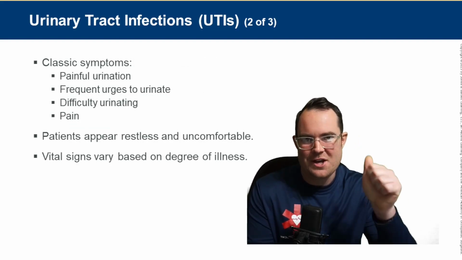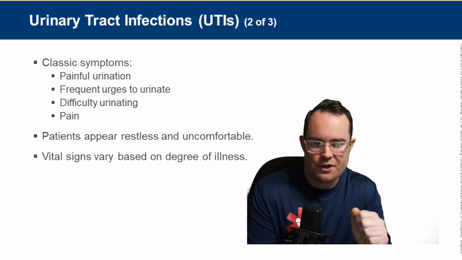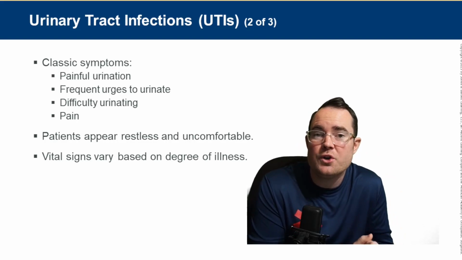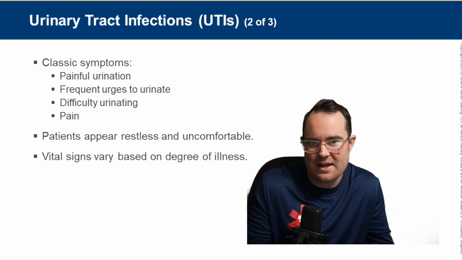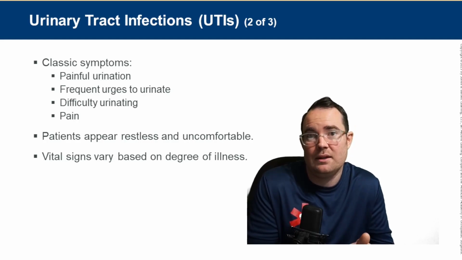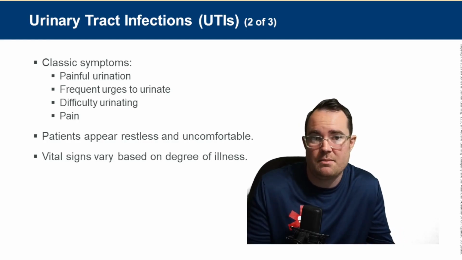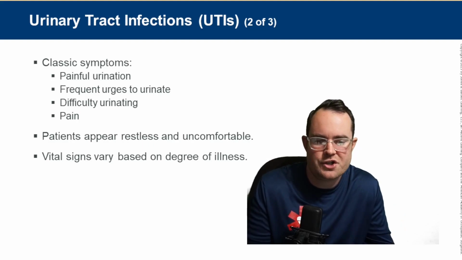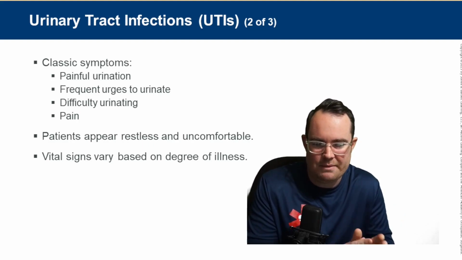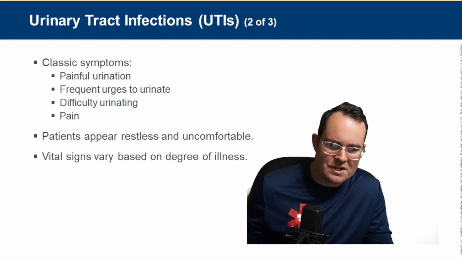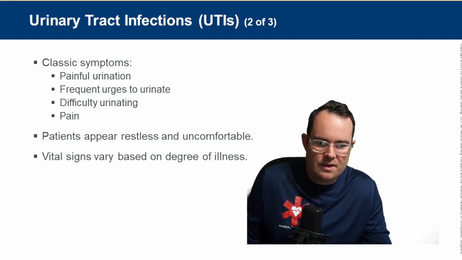Painful urination, like a burning sensation during urination, frequent urges to urinate, very common. They have the feeling that they have to pee, even though there might not be a lot of urine coming out, but the body's constantly trying to flush, right? Possible difficulty urinating and pain, because the patient can appear restless, uncomfortable.